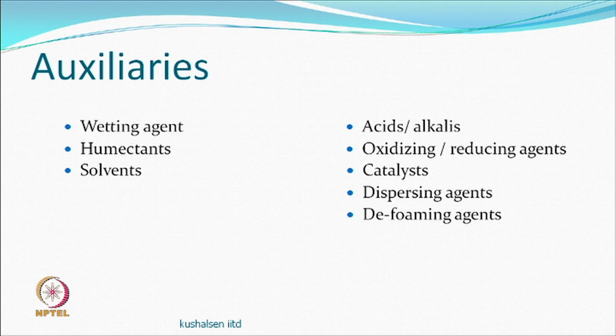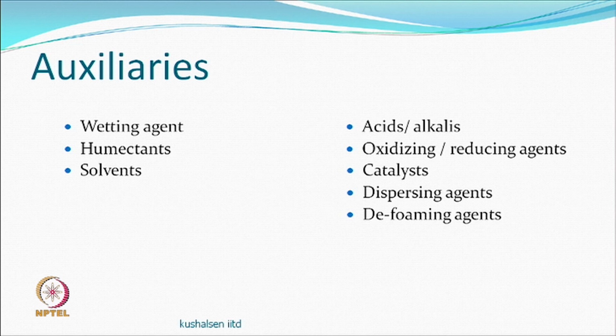Other auxiliaries would depend on what type of dye you actually want to use. For example, if the dye is an acid dye, you may require acids in the printing paste. If it is a reactive dye, which gets fixed in alkaline medium, you may require alkalis. If it is a vat dye, you may have oxidizing agents or reducing agents as auxiliaries.